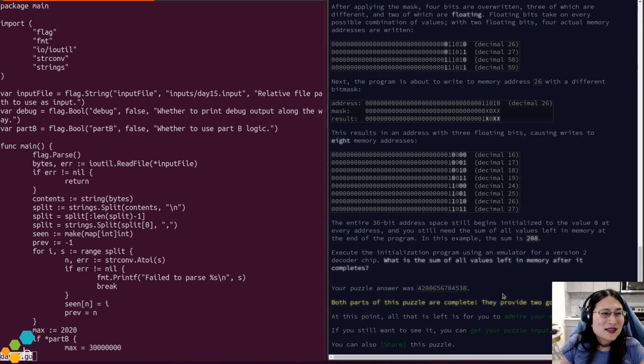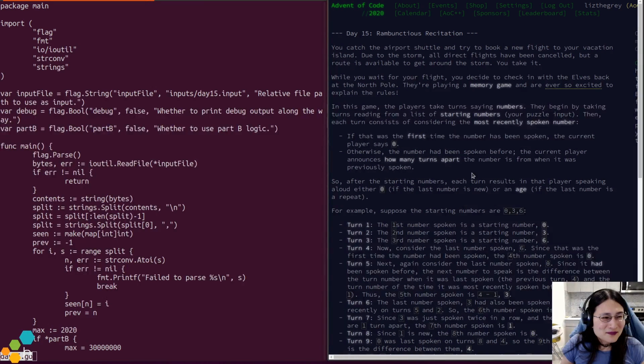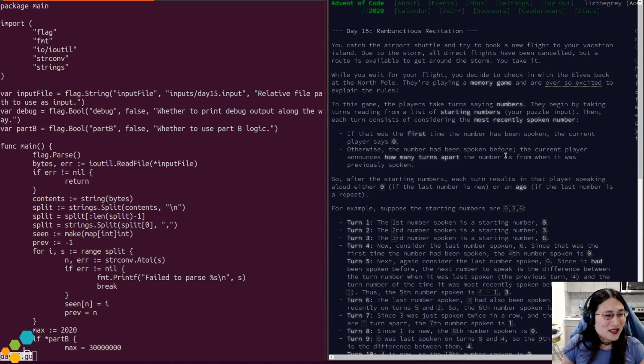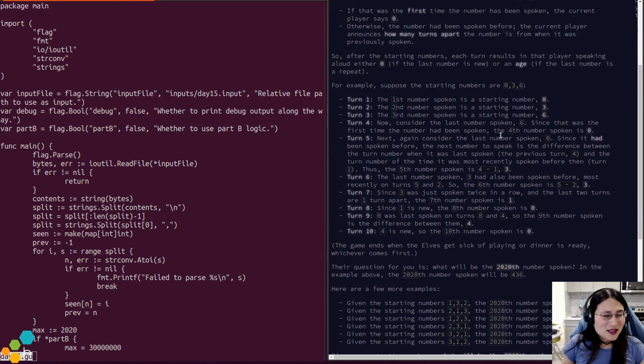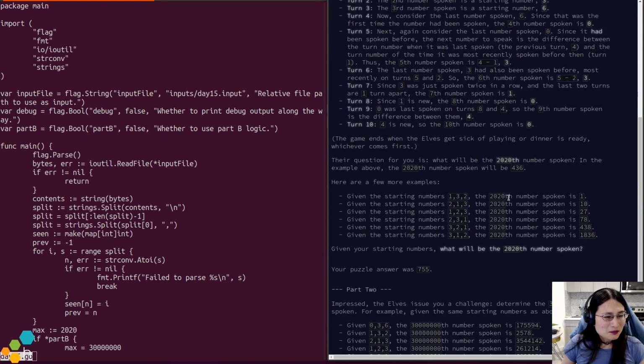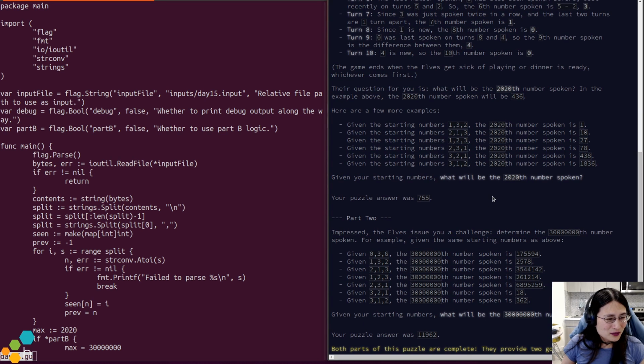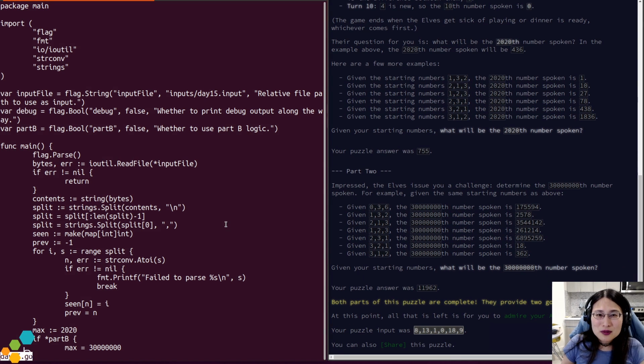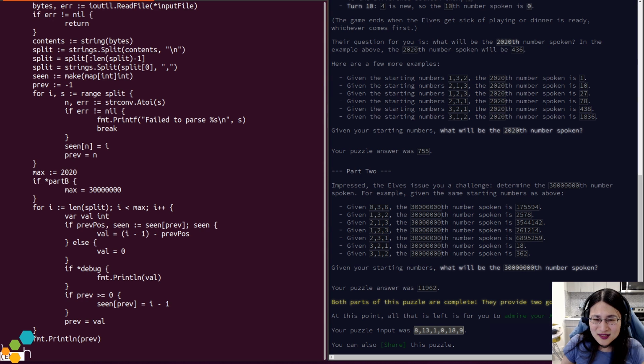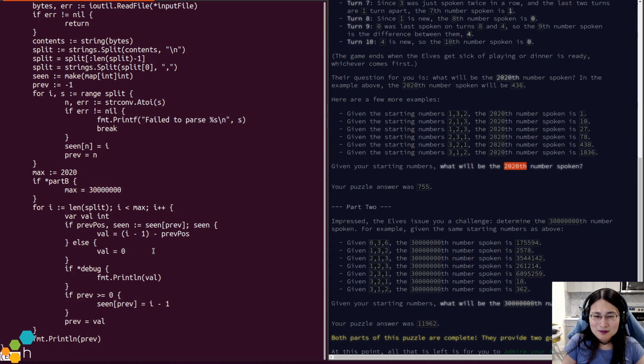Okay, day number 15. For day number 15, this one was a mathematical sequence construction where you needed to basically iterate through a list of things, and it was possible that you had a really, really slow implementation that would work on part A but would not work on part B. I believe I did not wind up stumbling into this because I just implemented it correctly to begin with.